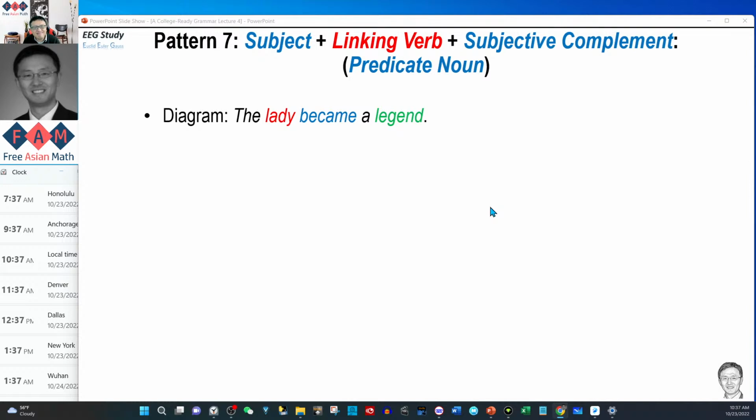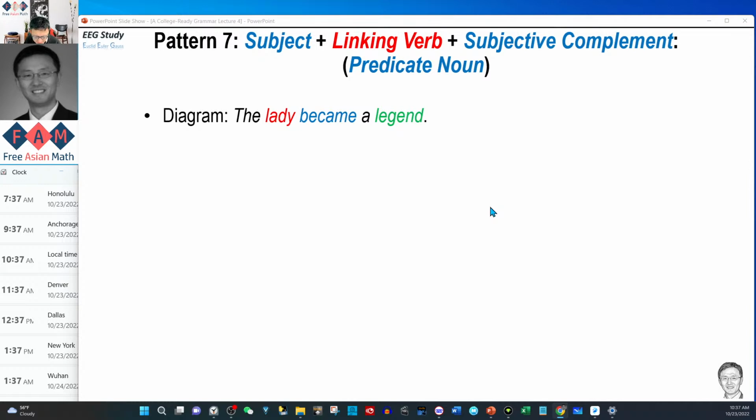But we can almost say the lady is a legend, except that only recently this change happened. Before, maybe the lady was not a legend, but the lady became a legend. But the logical meaning is still very close to the lady is a legend if we just ignore the time constraint.